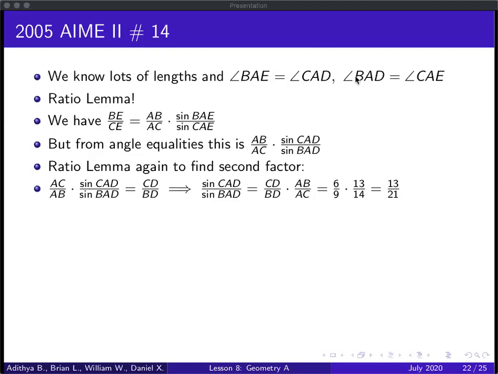Now, since we know what sine CAD over sine BAD is, we can plug that back in to find BE over CE. So AB over AC is equal to 13 over 14, and we multiply that by 13 over 21. So BE over CE ends up being 169 over 294.